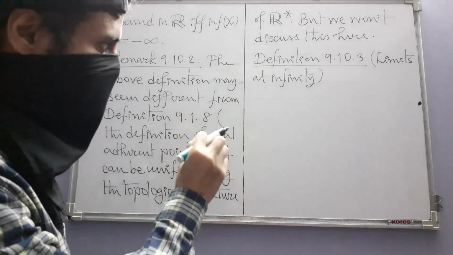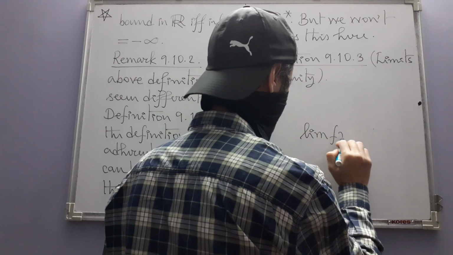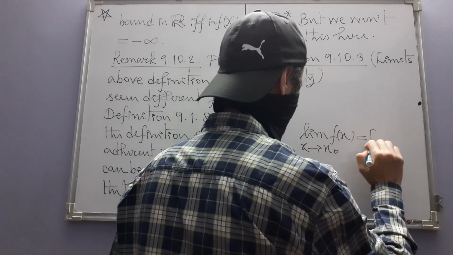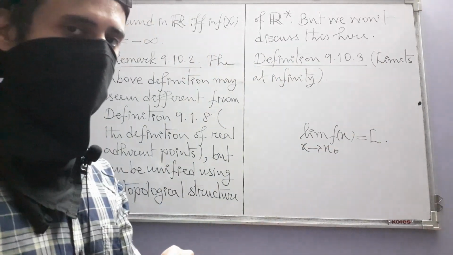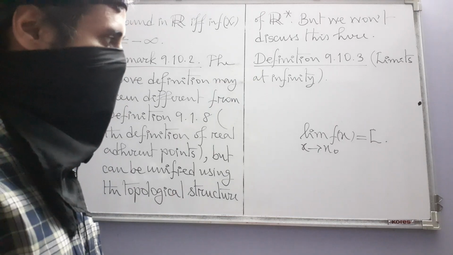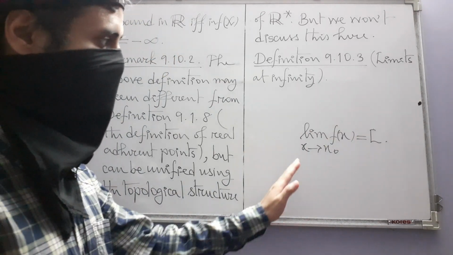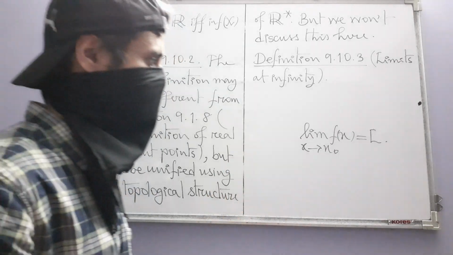So in this familiar equation, our x naught is going to be either plus infinity or minus infinity, not the L. That L also can be made plus or minus infinity, but that is a different thing altogether. We won't need that here.